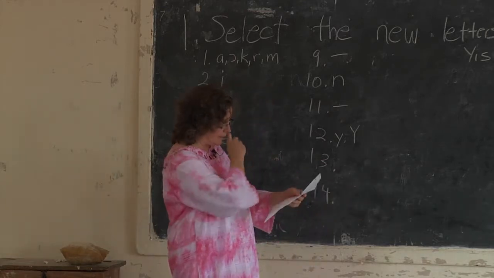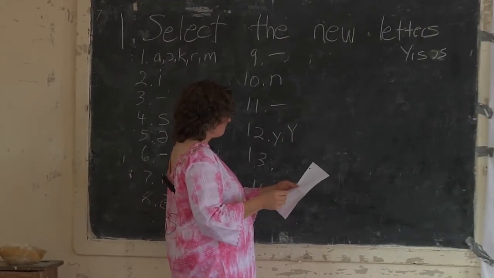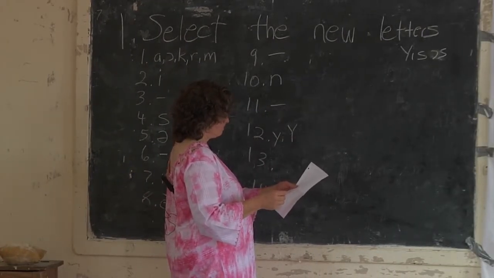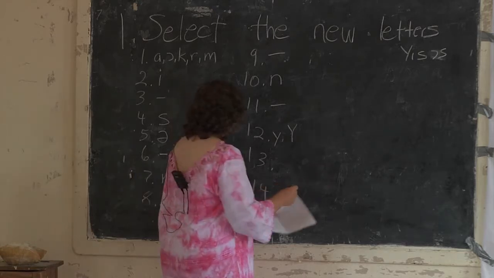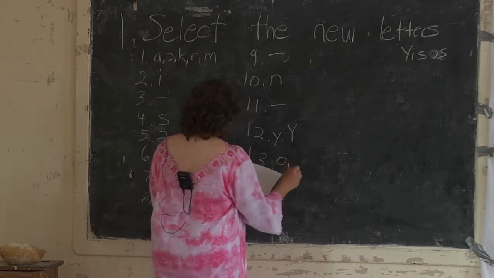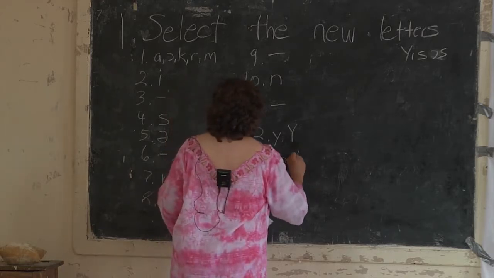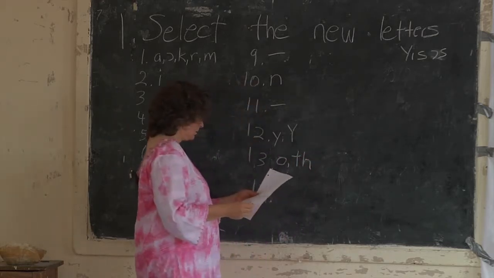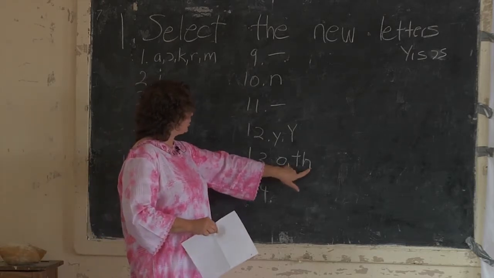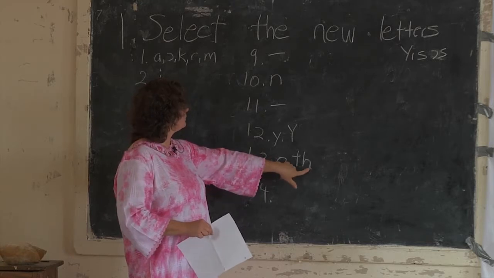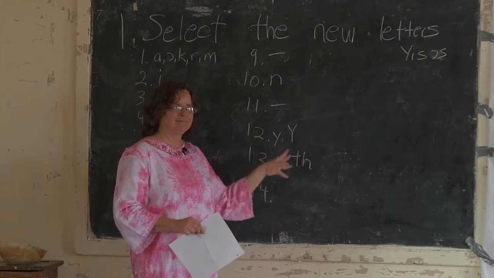So in this case, let's say we introduce, oh, there's an O. The O and the, let's introduce a TH. And sometimes it's good to introduce a cluster before you've introduced the separate parts of them, because then you can say, no, that's not T and H, that's whatever you say.